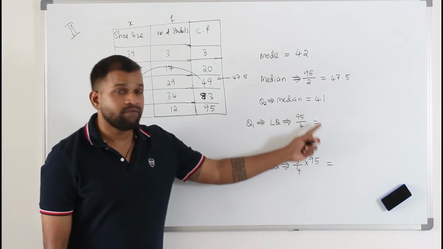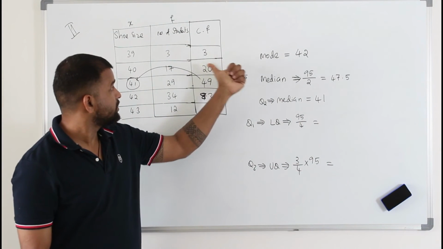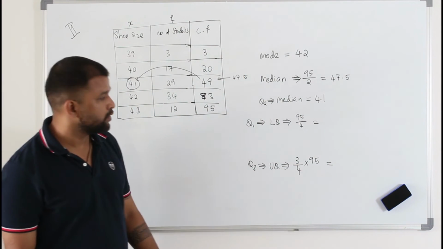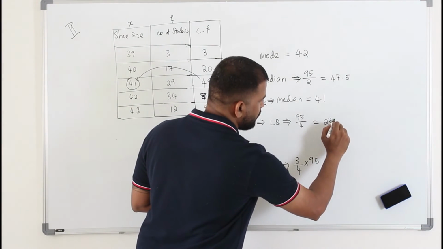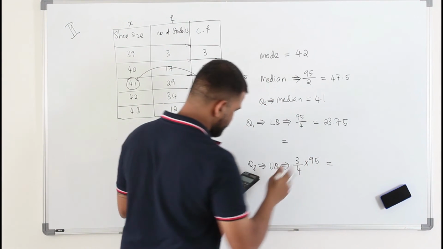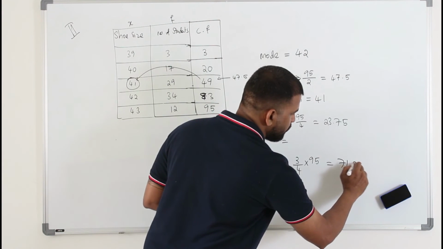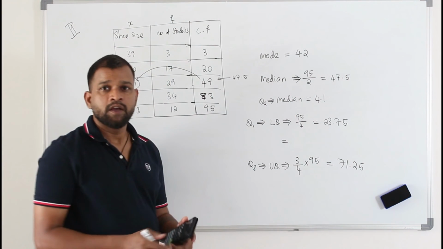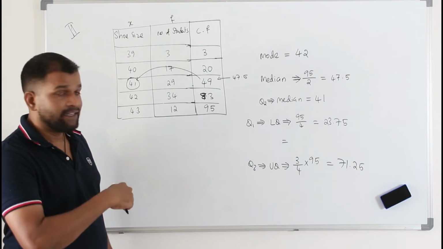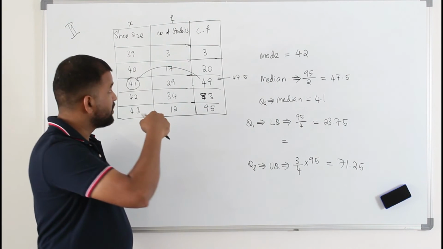And then get the figure, and check where the value lies in cumulative frequency. This is 23.75. This is 71.25. So in this group frequency table, right?